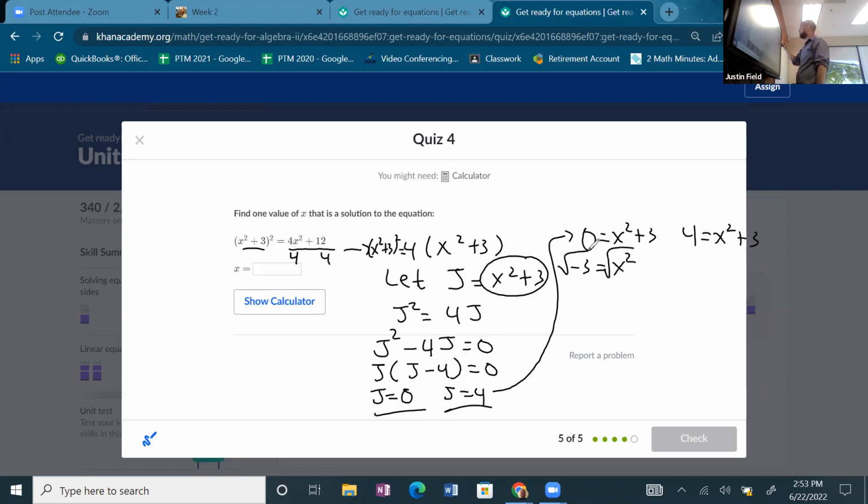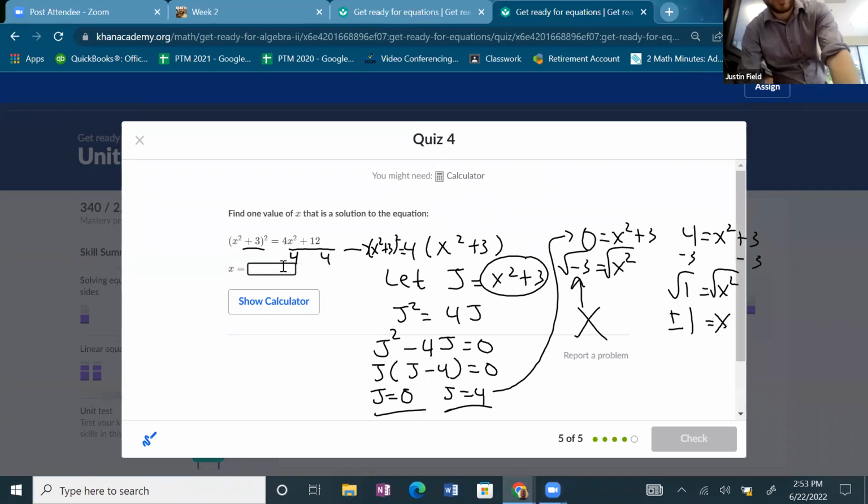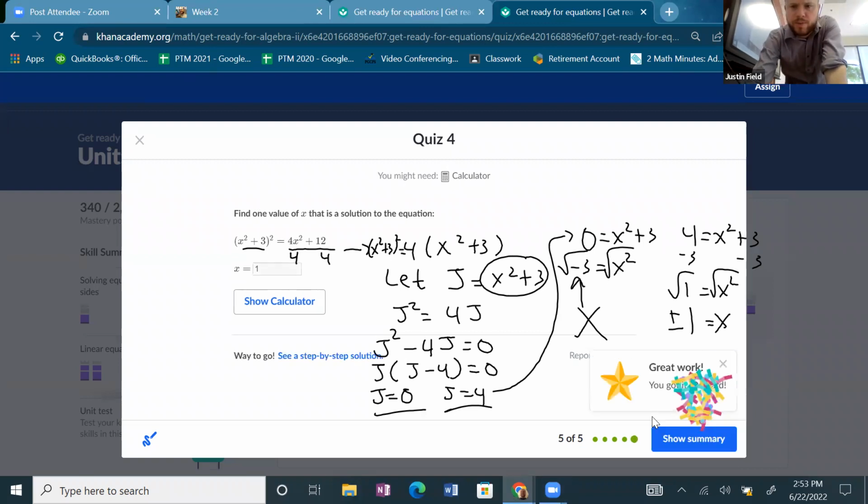Take the square root and we get the square root of a negative, so we'll have to wait till complex numbers for that. But for this one, we get 1 equals x squared, and when we square root that, we just get plus or minus 1. So I'm going to say 1. Amazing. It would just be 1.